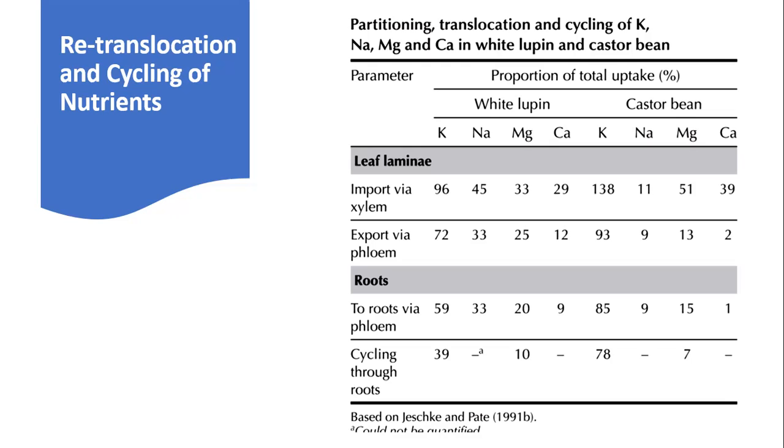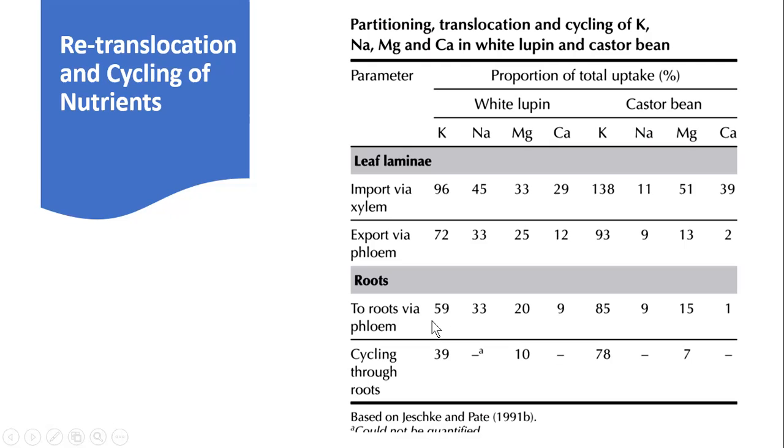For example, if we have sodium here, in the castor bean there is a very low difference between import via xylem and export through phloem. So whatever is coming through xylem is mostly thrown out through the phloem. So it means they are more resistant.